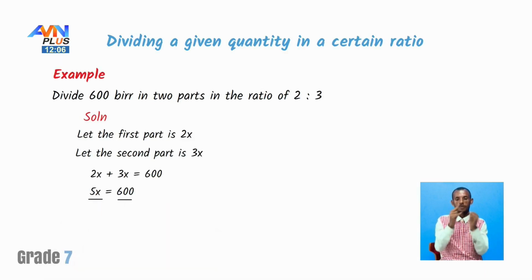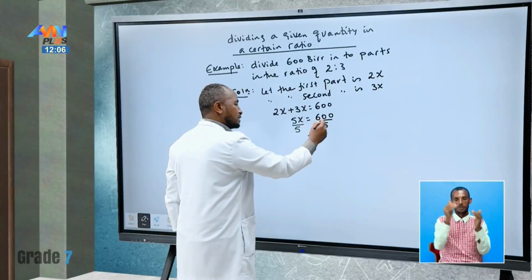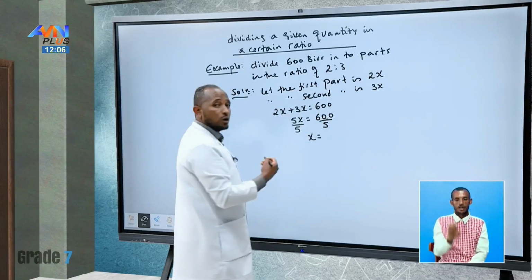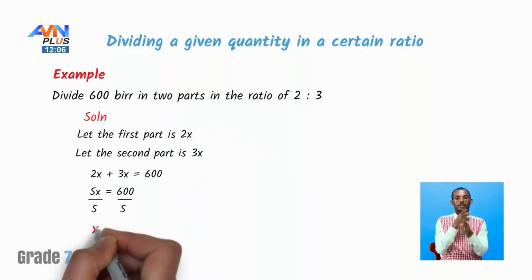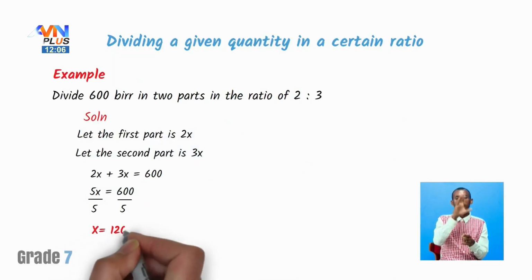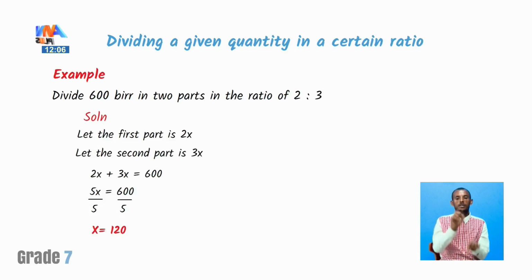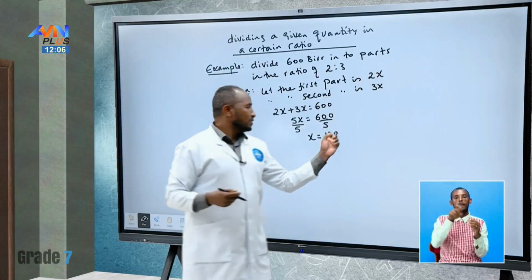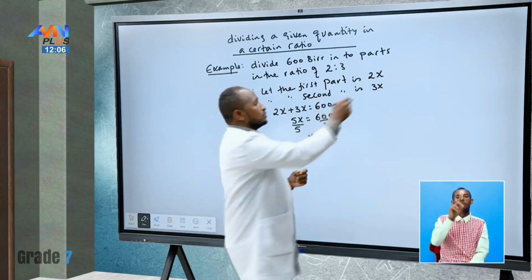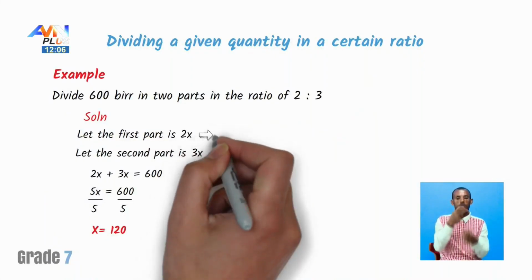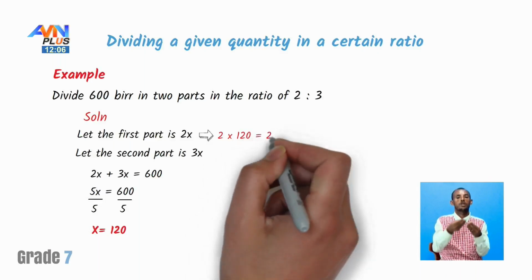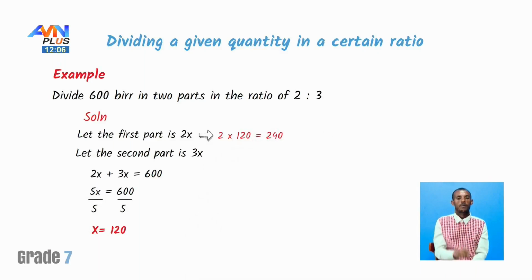This cancels out. x equals 600 divided by 5. 60 divided by 5 is 12, therefore 120 will be x. So the original quantity: 2 must be multiplied by 120. So 2 times 120 gives you 240. So one part is 240.